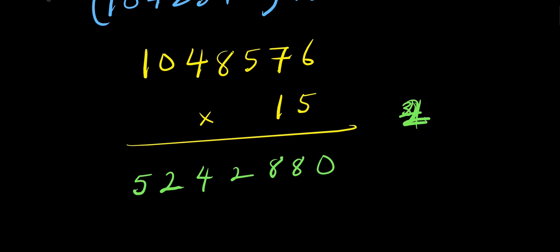Now the 10 part: 1 times 6, 6. 1 times 7, 7. 1 times 5, 5. 1 times 8, 8. 1 times 4, 4. 1 times 0, 0. 1 times 1, 1.